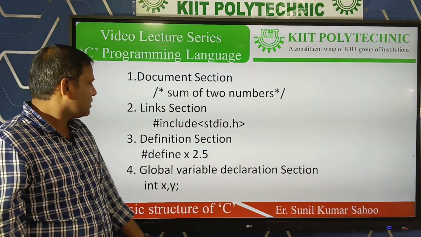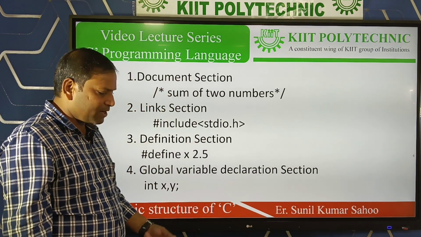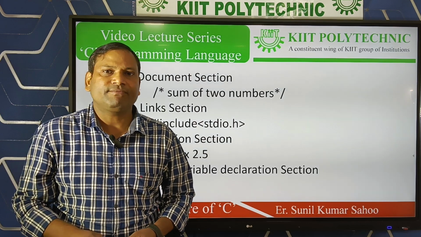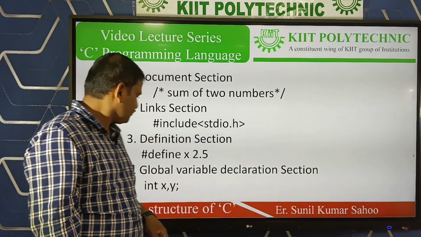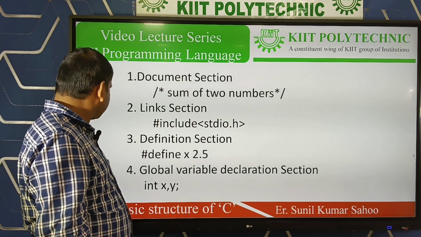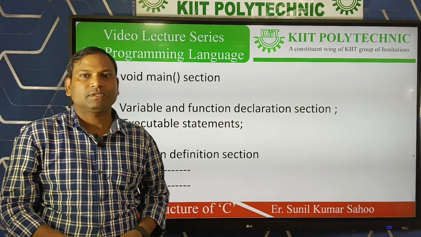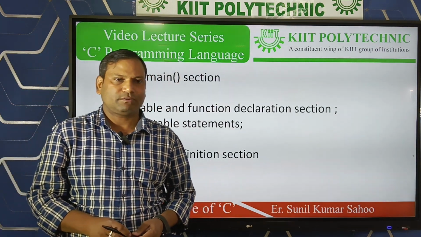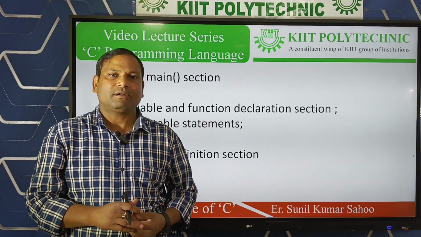The fourth section is the global variable declaration section. Global variables are alive and active throughout the entire program. The fifth section is the main function section. The execution of the program starts from the main function. Without the main function, the program cannot be run.